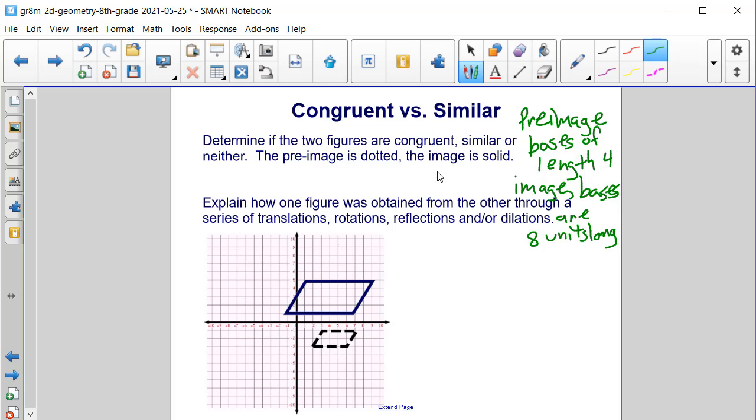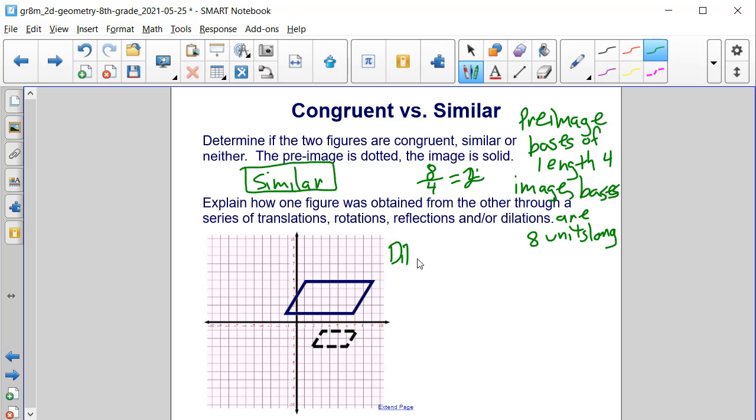Okay, so we usually set up a ratio as image over pre-image, and that equals 2. So 8 divided by 4 is 2. This is the scale factor. So we have similar figures. And we have a dilation going on.